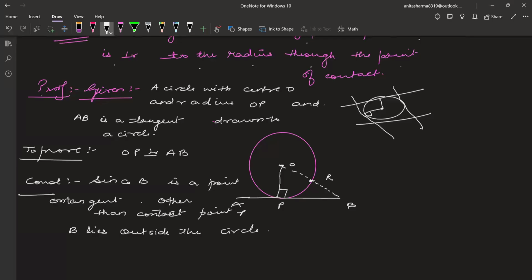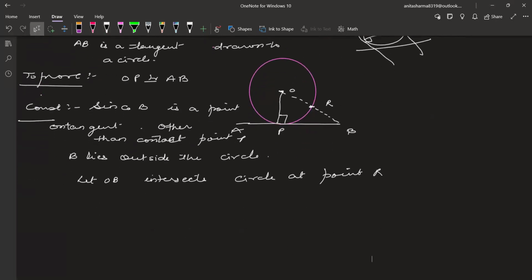Because every point on the tangent to a circle other than the point P always lies outside the circle, we will let OB intersect the circle at point R. Clear? So it means your OB will be equal to OR plus RB. Right, beta?